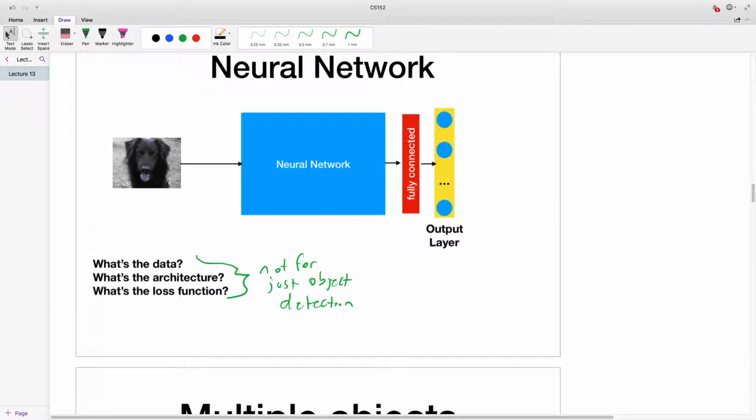Then we'll retrain that basically. You can imagine we just have a fully connected layer and then an output layer. If we want bounding box and category, then we're going to need basically 4 values for the bounding box and however many categories there are.